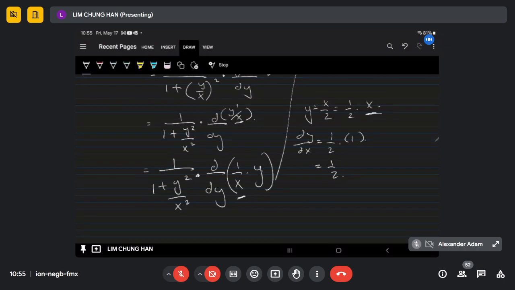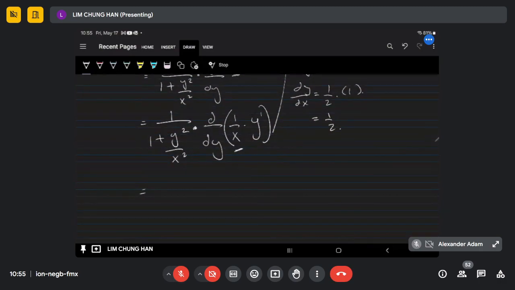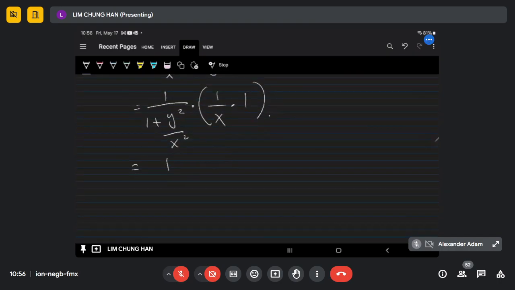If you differentiate y to the power 1, what do you get? 1. Times the 1 over x, which you have to keep. It's a constant. You differentiate y, you get 1, so that's what you get. Times 1 over x.